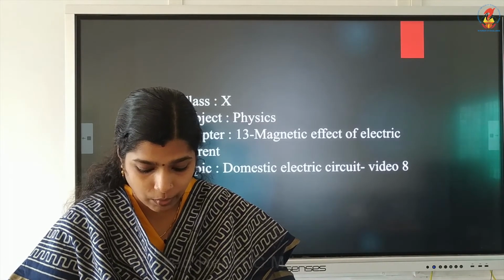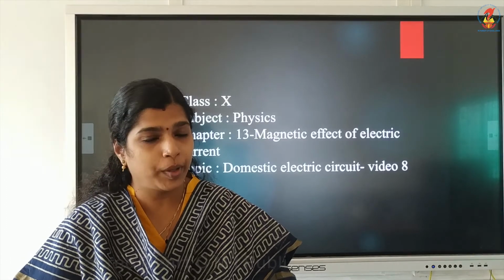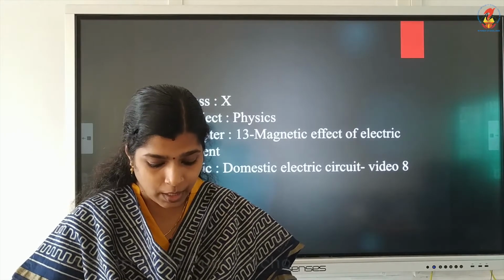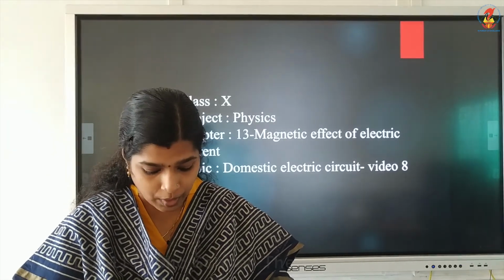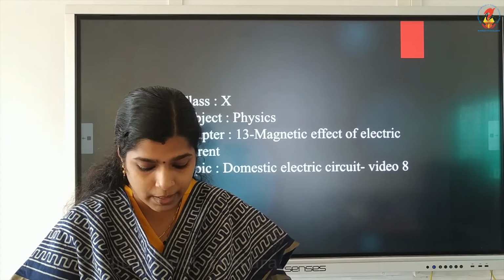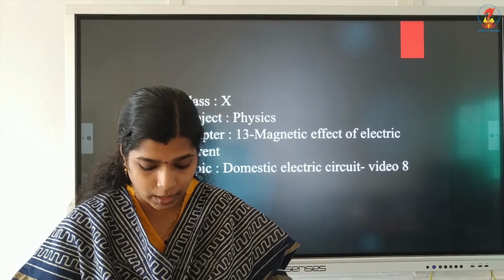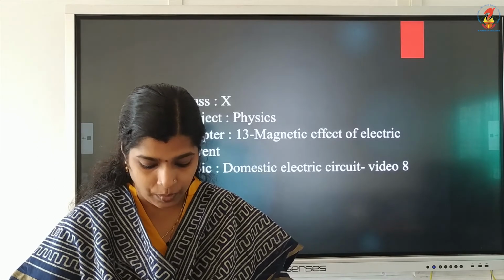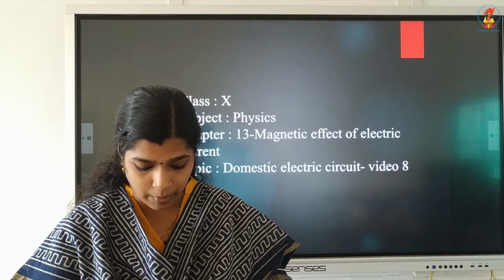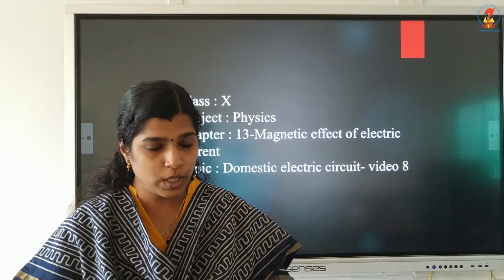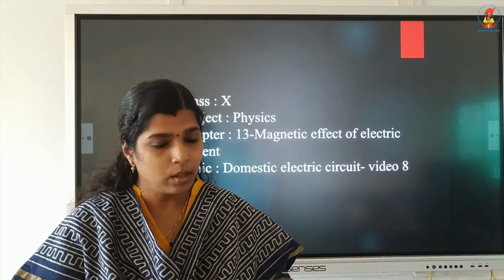Now, the earth wire, which has an insulation of green or yellow color, is usually connected to a metal plate deep in the earth near the house. This is used as a safety measure, especially for those appliances that have a metallic body.